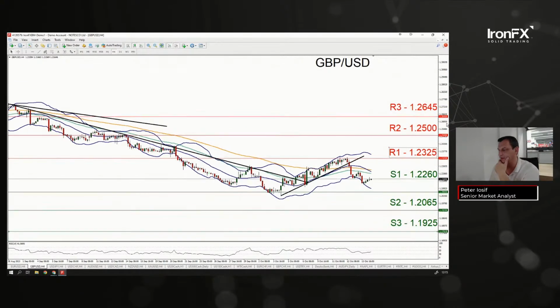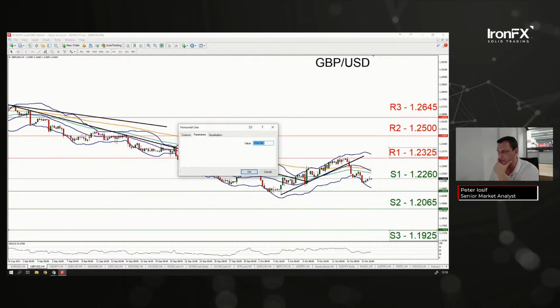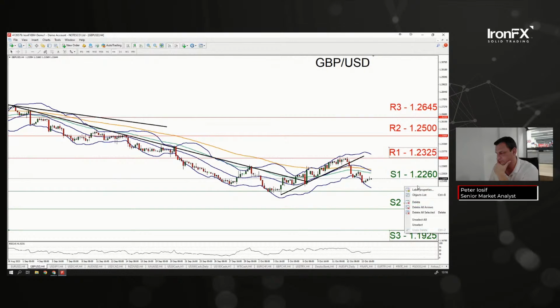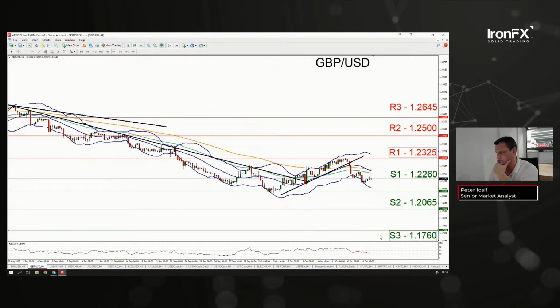Let's correct those labels. Starting with the S3, which is now placed at 1.1760. The S2 at 1.1925.